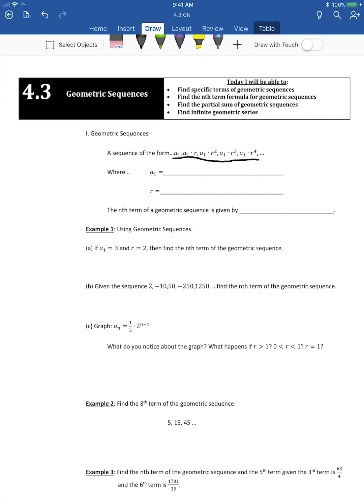And let's think about it. Let's look at it just like we did with arithmetic sequences. We see that we start with a term, and then we're multiplying that term by some number, and we multiply the next term by that same number, and so on.